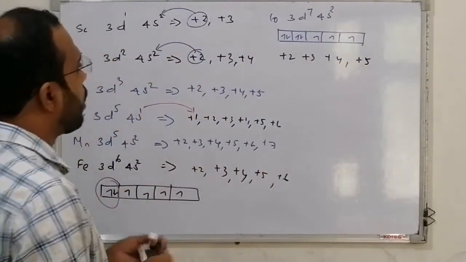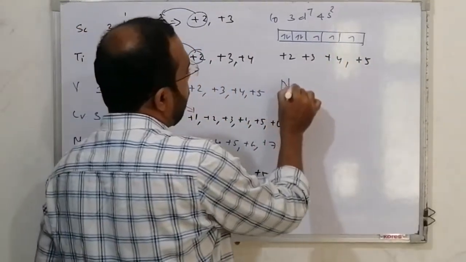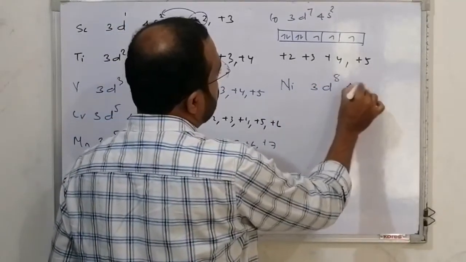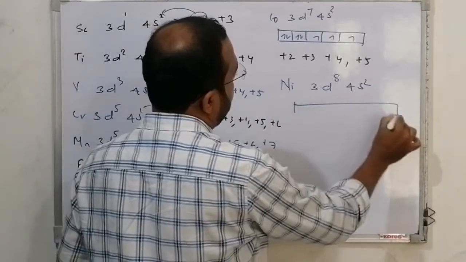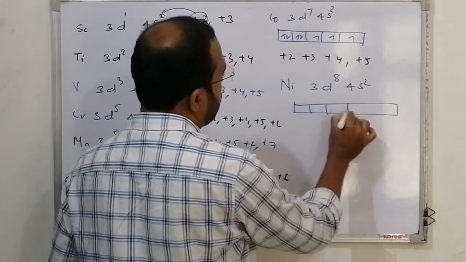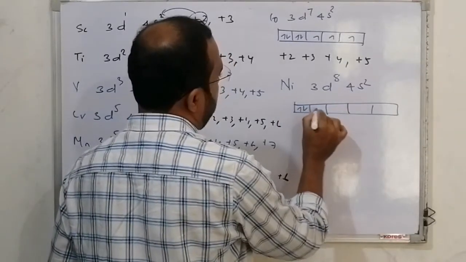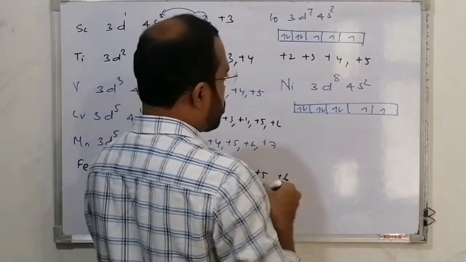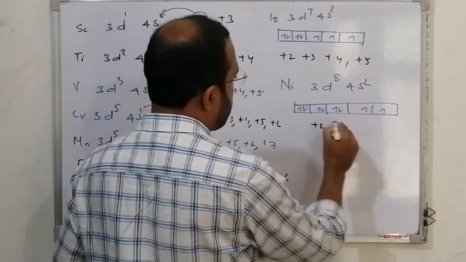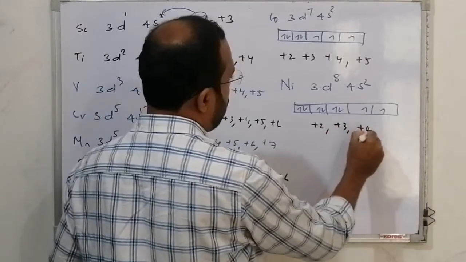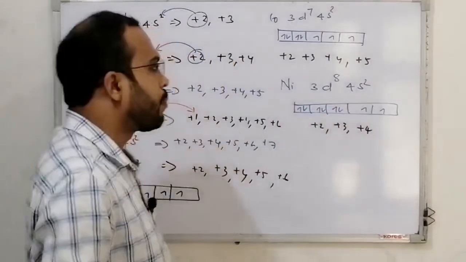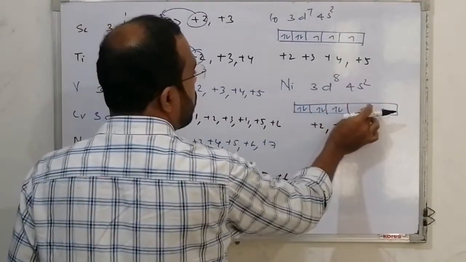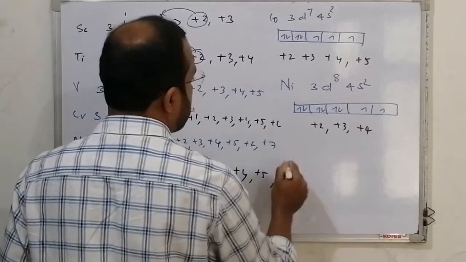Now when you come to nickel, you have 3d8 4s2. It shows +2, +3, +4. Paired electrons do not take part in bond formation. +2 because of this one, +3 because of this one, +4 because of this one.